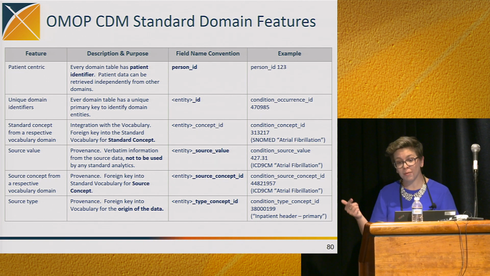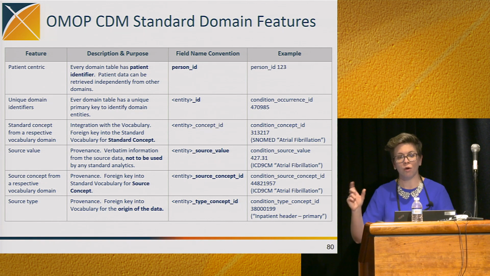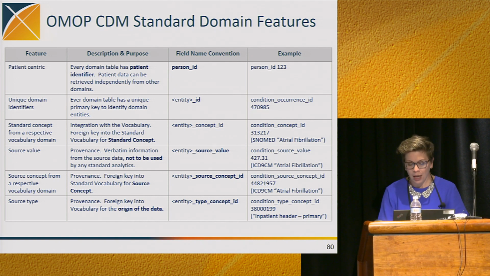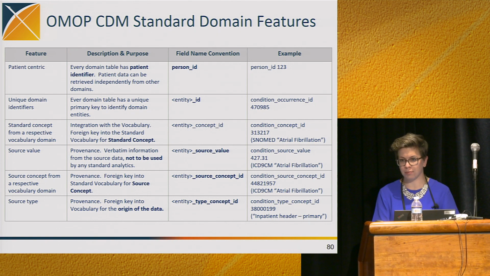That also helps for troubleshooting if you're trying to figure out, is there a problem in your ETL? What was the exact data that you had? You could probably get back to the raw data and figure out, do you have a bug? Now, there are source concept IDs. We have realized that in some cases, our standard concept IDs don't always help you get to the answer you need.